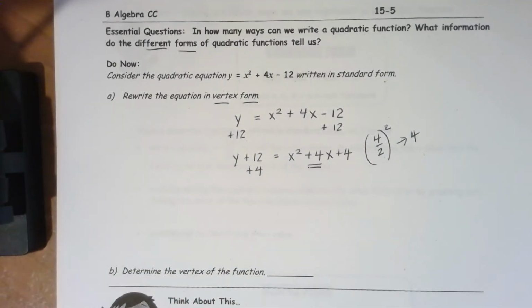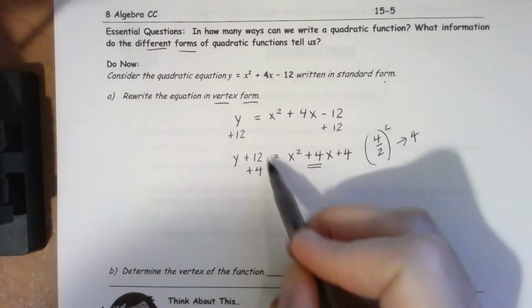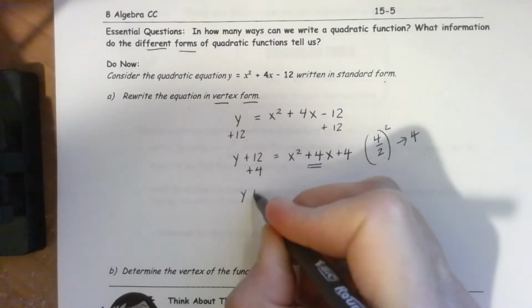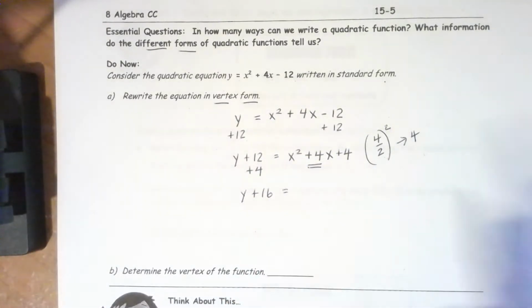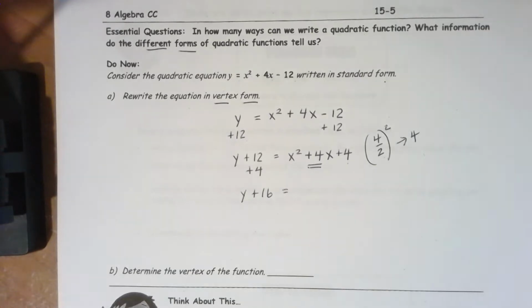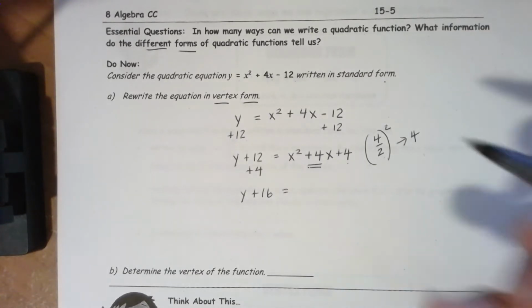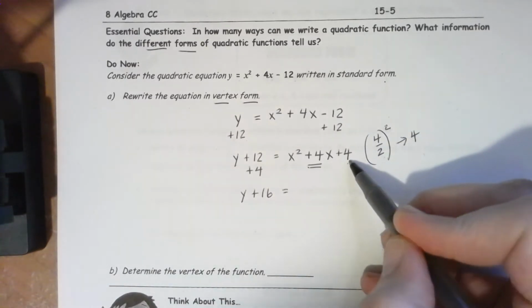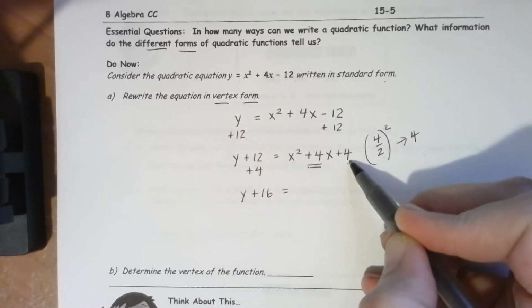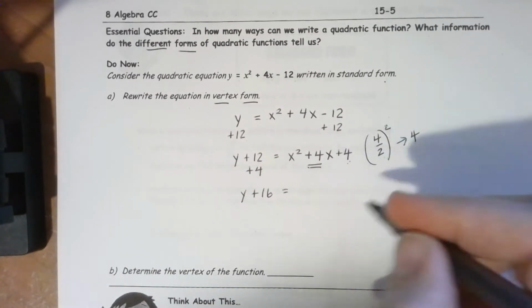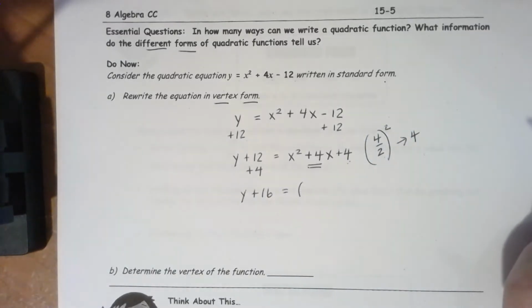Addition property of equality. Now I combine like terms on the left, and I have y plus 16. I look at the right, and I have a perfect square trinomial there, so I'm going to write it in factored form. What number multiplies two factors that multiply to 4 and add to 4? A positive 2.